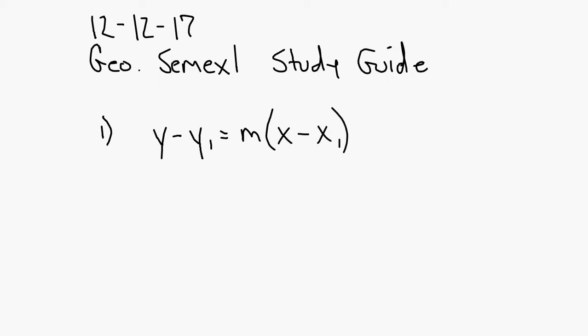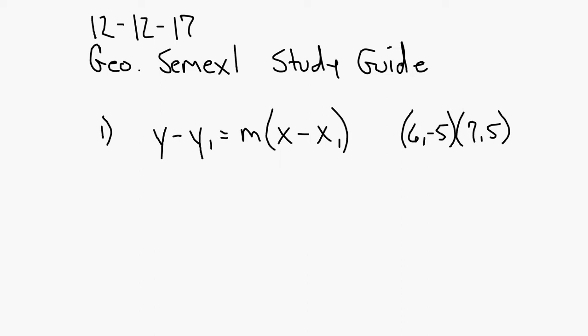All right, so in this case, you are given 2 points. You are given the point (6, negative 5), and you are given (7, 5). The first thing you have to do with these 2 points is find the slope, which is the m right here.